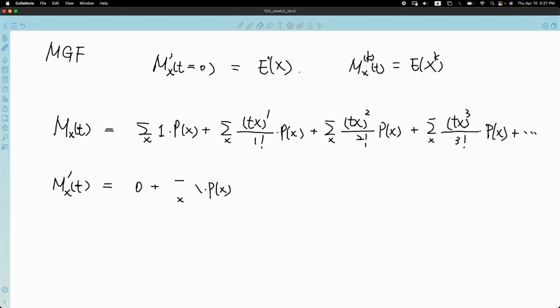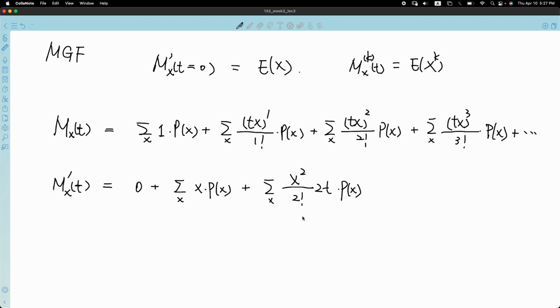Up to this point is still the result from last lecture. For the third term, when you take the derivative with respect to t, you will have x squared over 2 factorial, multiplied by 2t p of x.